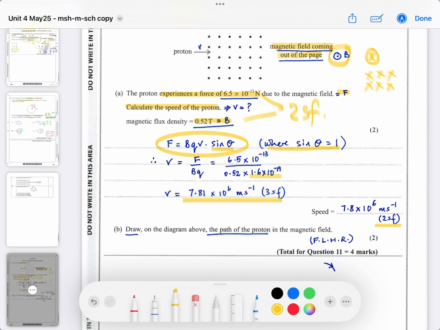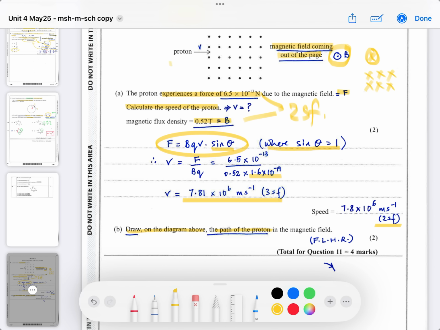Okay, and then it says draw on the diagram the path of the proton in the magnetic field. Well, if you work it out according to Fleming's left-hand rule, the proton is the same direction as the positive charge moving. So proton being positive is the same as conventional current. So the field is coming out of the page. So you put your first finger coming out of the page and the current going to the right.